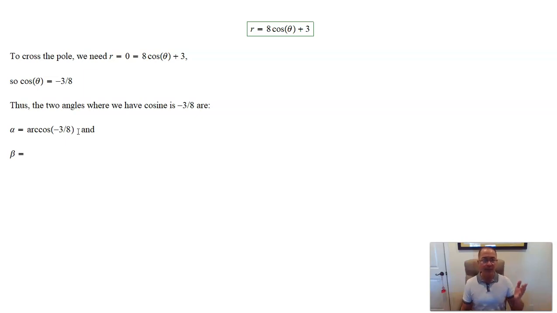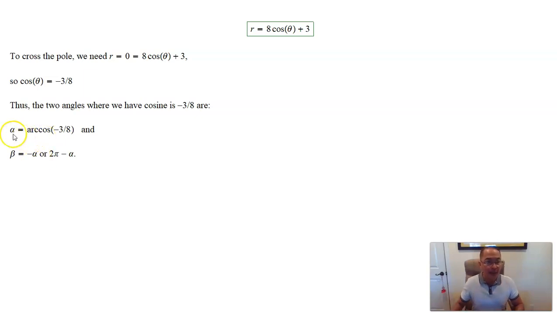Or another way to think about it is we get the negative of that angle. So we can say it is the negative of alpha, except you're going to say, wait a minute, that's not between 0 and 2 pi. So if you want an angle between 0 and 2 pi, we will choose 2 pi minus alpha.